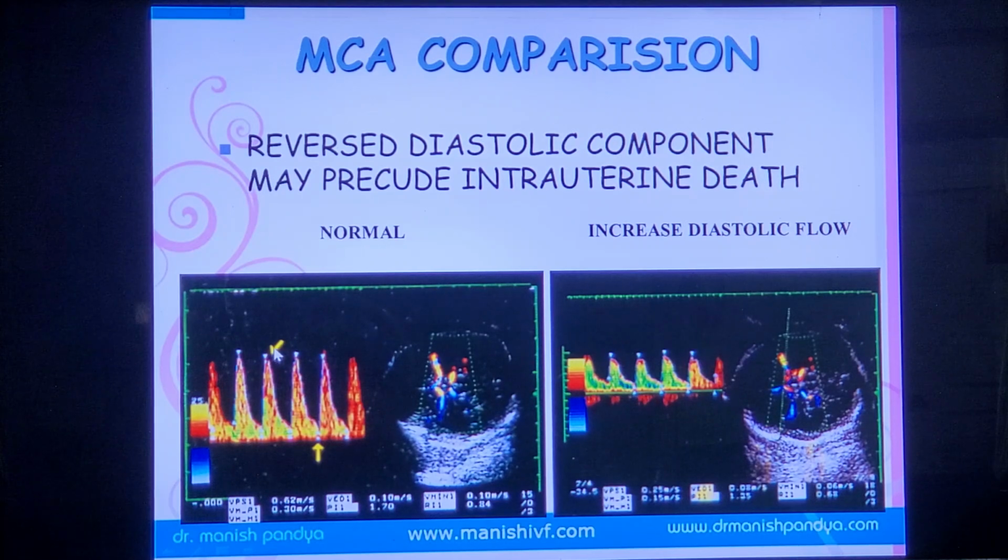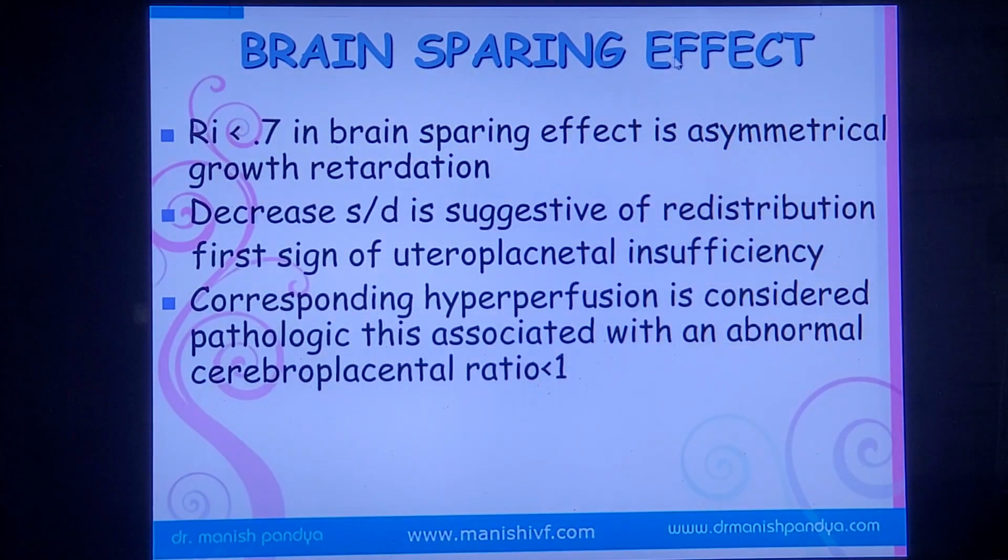This MCA is normal. So when MCA becomes like this, the umbilical artery becomes like this. But for comparison, when MCA becomes umbilical and umbilical becomes MCA, then the baby is acidotic. This is the brain sparing effect.